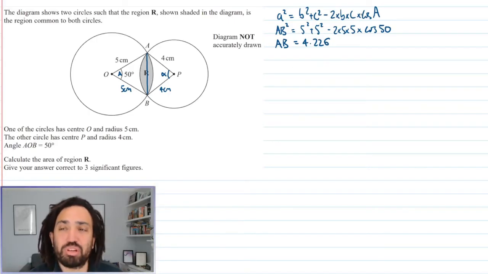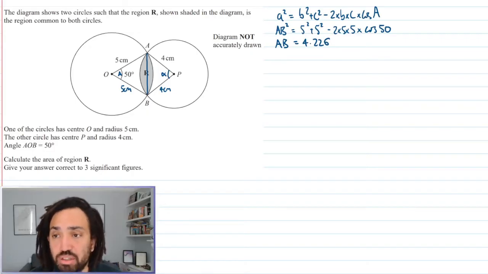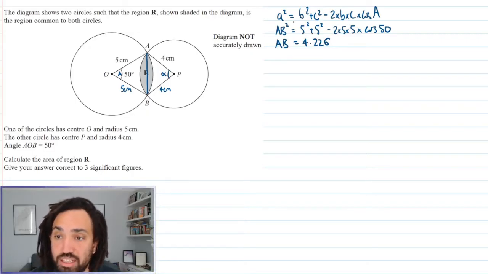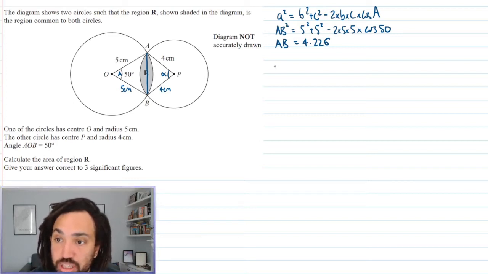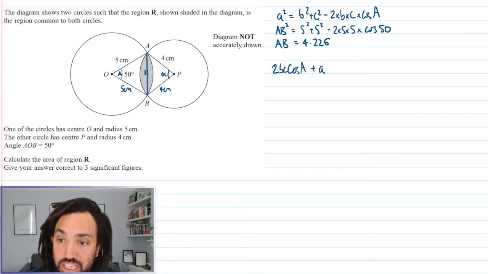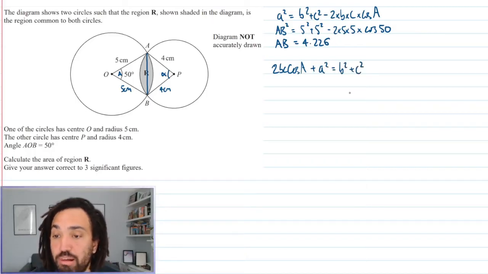Now, I never remember what the cosine rule is for the angle, and you're not given it in the formula booklet either. So what you can do is just rearrange this equation up here. This big slab, which is minus 2bc cosine A, I can add to the other side of the equation. So that becomes 2bc cosine of capital A plus a squared is equal to b squared plus c squared.